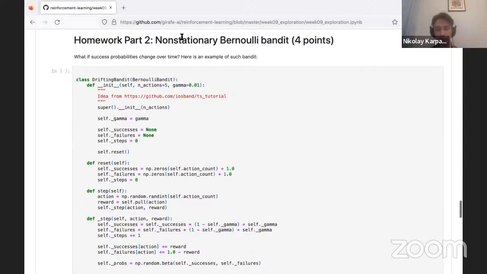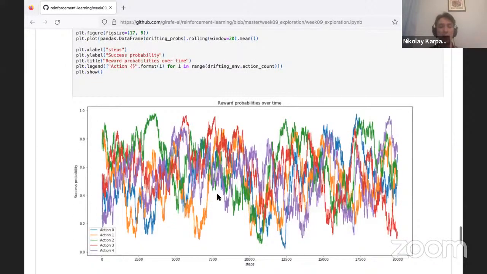Basically, the probabilities would change depending on the time, and they would fluctuate in a very crazy way. So at each point in time, the optimal action would be completely different.